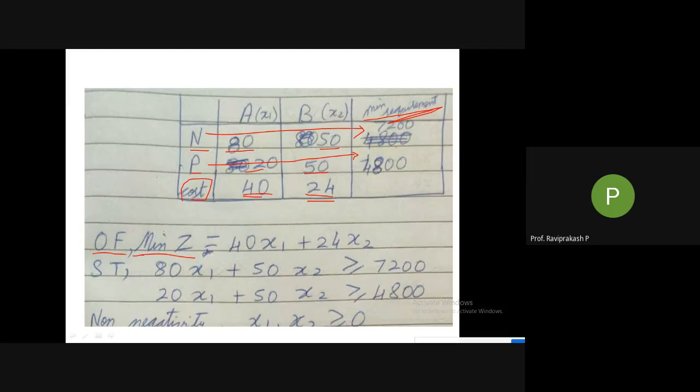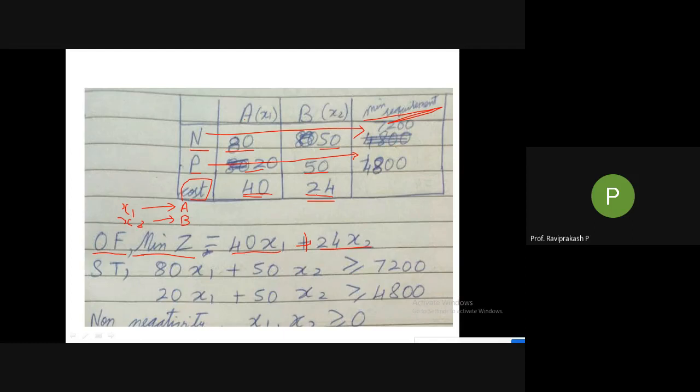Before going here, we need to say what X1 is and what X2 is. X1 will be the quantity of A, and X2 the quantity of B, in the sense of the number of bags you can take. So for A it is X1, so it is 40 X1 plus, for B, 24 X2.